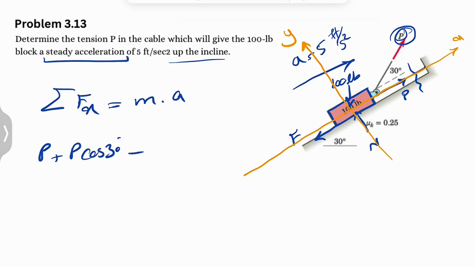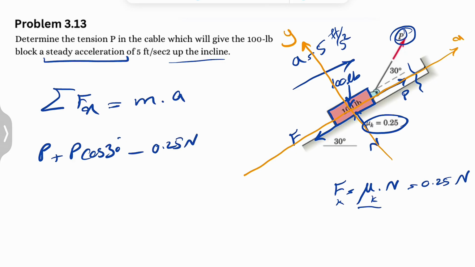We have the friction in the opposite direction. We know friction is the coefficient times the normal force. Obviously the system is moving, so the friction is going to be kinetic, and we need the kinetic coefficient, which if we look at the question, is 0.25, so that's going to be negative 0.25 N.